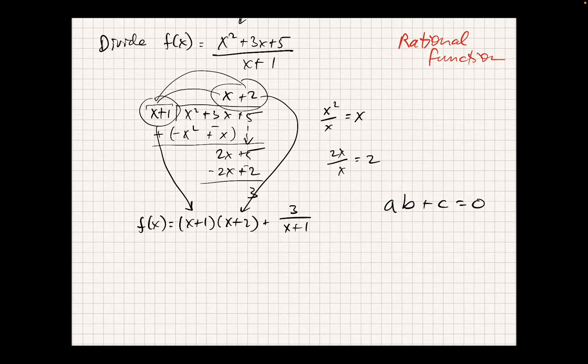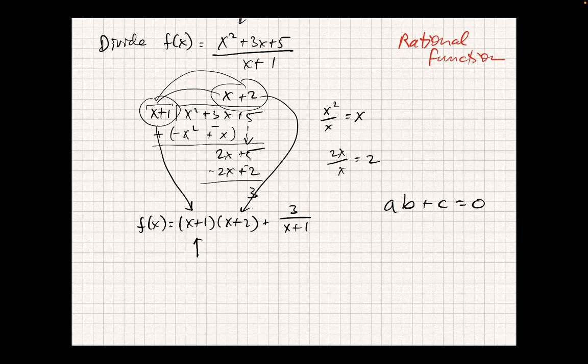Wait, so are we multiplying x plus 1 times x plus 2? No. This is not a way of finding factors. So x plus 1 and x plus 2 are not factors of my original rational function.